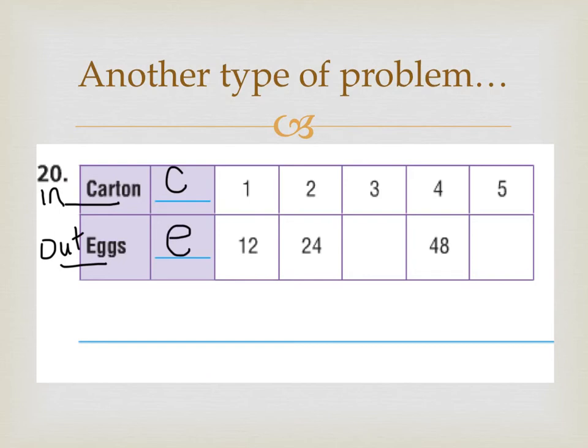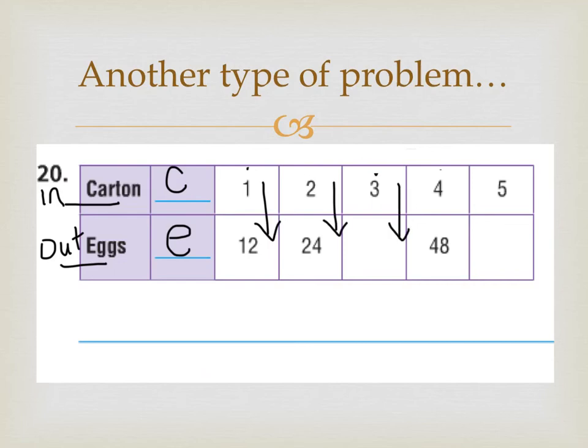I'm thinking, if I have a number of cartons of eggs, what do I have to do to get how many eggs? In this case, I'm not taking my pattern going across the row. What I'm doing is looking at the pattern from the top to the bottom. That's why we call it in and out.